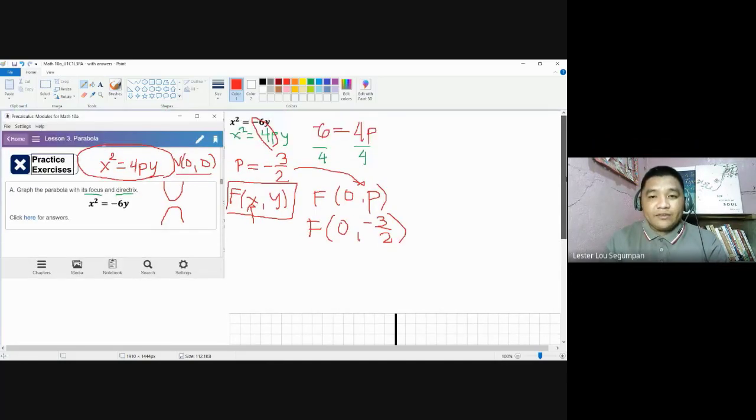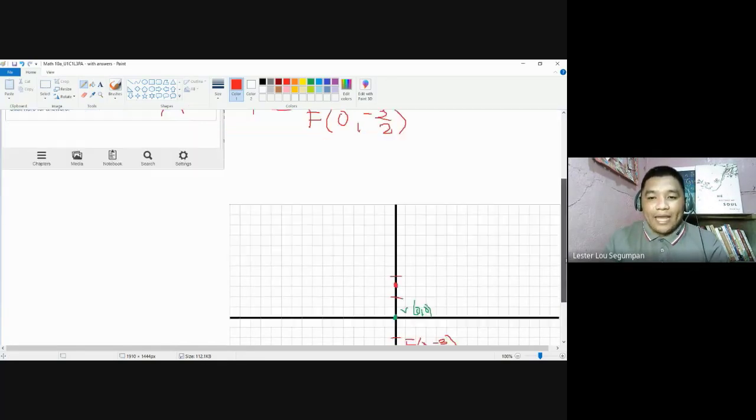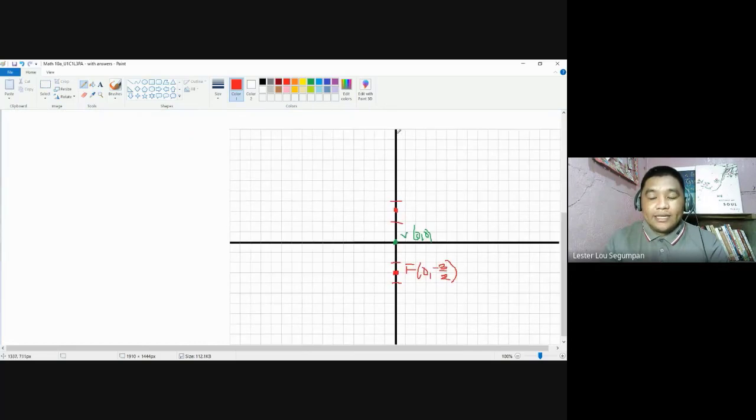However, the directrix is not a point. The directrix is a line, and that line is actually perpendicular to the axis of symmetry. The axis of symmetry here is the line where our focus is located, and that is our y-axis. So our axis of symmetry is a vertical line.